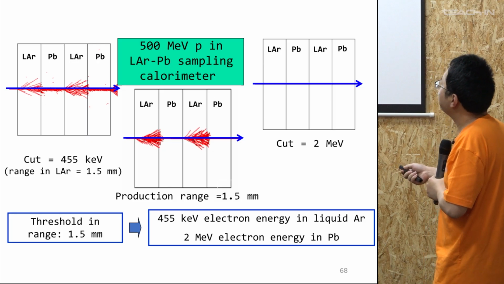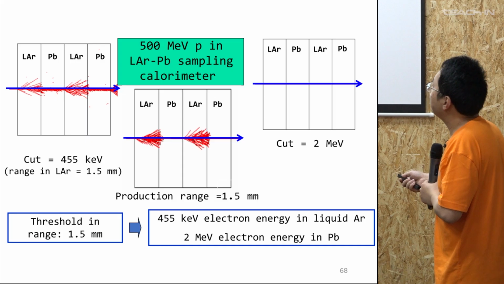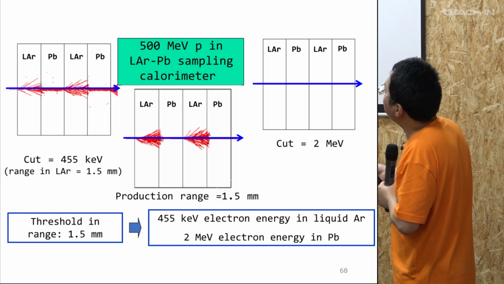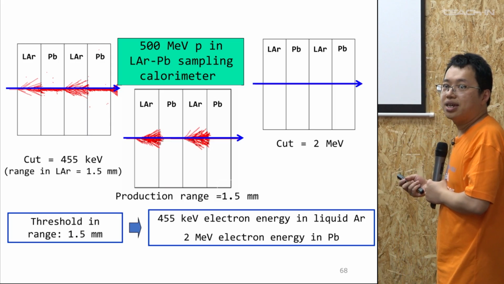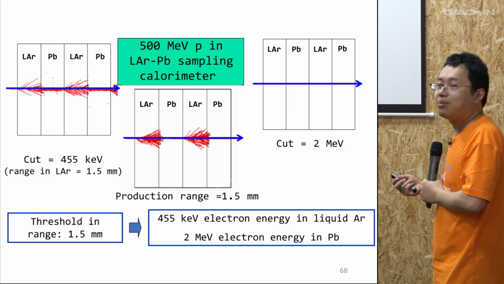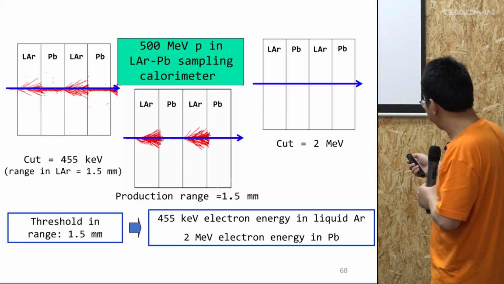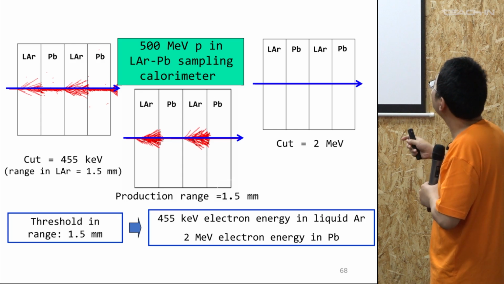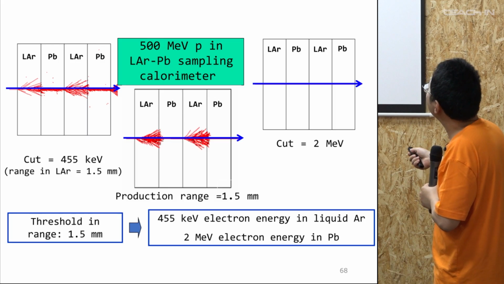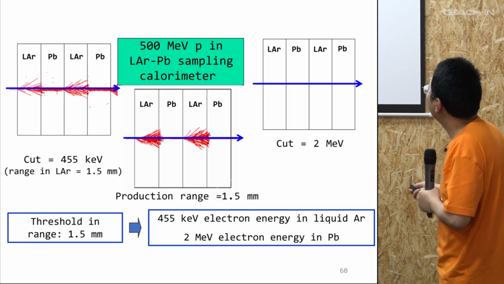If we have the cut in energy, you can see that for this passive region, you can also create a lot of secondaries. So it will also take a lot of time to do the simulation. But if you set this cut too high, then in the sensitive region, you can see there is nothing created. That's not what we want.